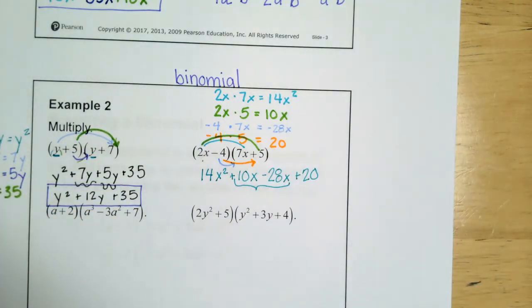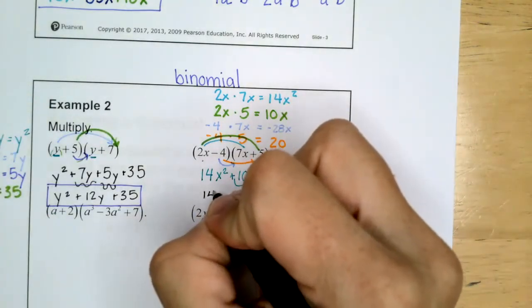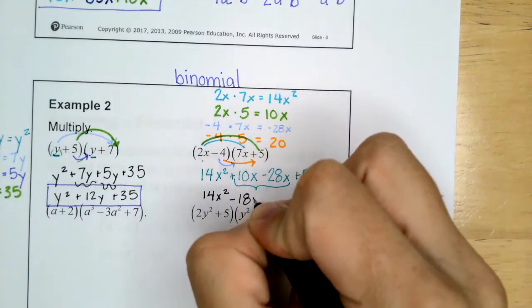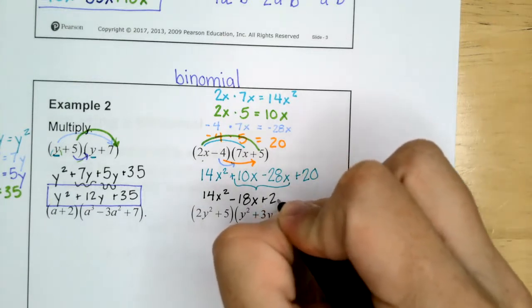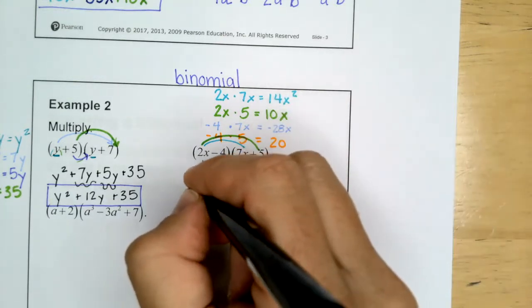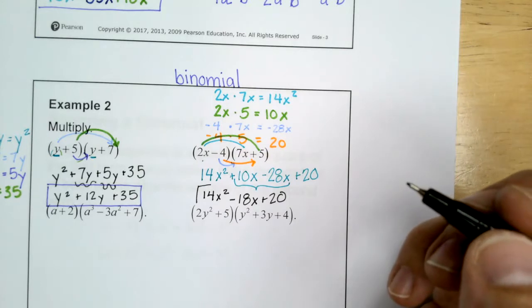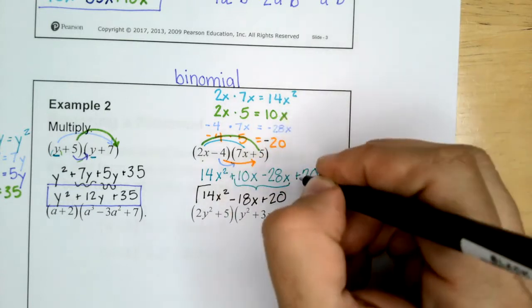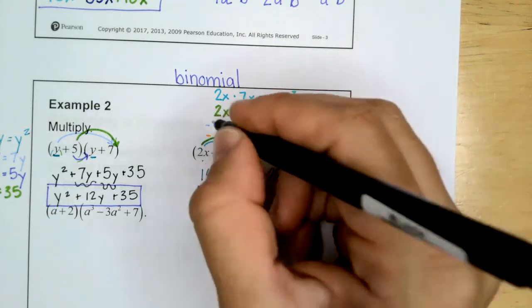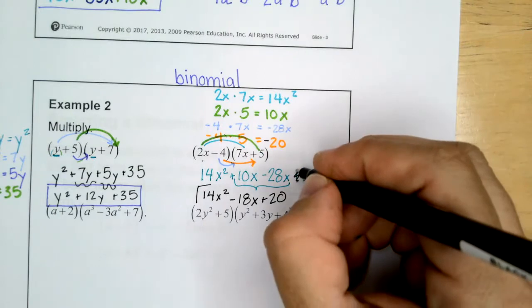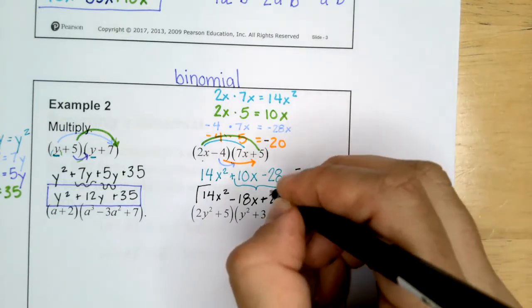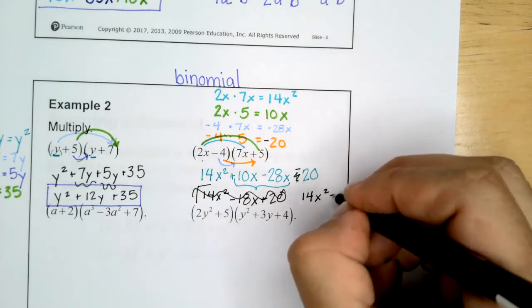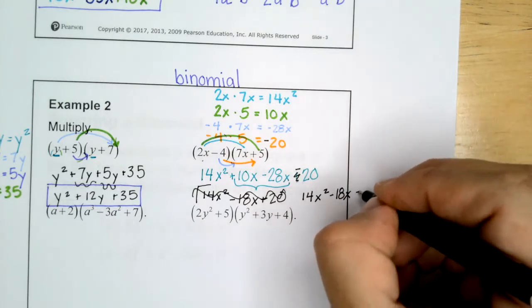And our final answer is 14x squared minus 18x plus 20. No, it's a negative 20. That's a negative 4, I just couldn't see it. Negative 20. 14x squared minus 18x minus 20.